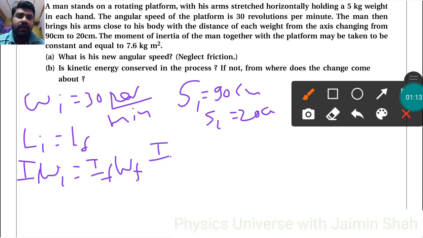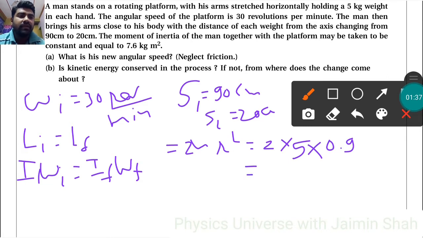So first of all, I_i. To find that, the formula for the moment of inertia, for the initial case, is equal to 2 m r square. Now 2 into m, the mass is 5, and r initially is 0.9.